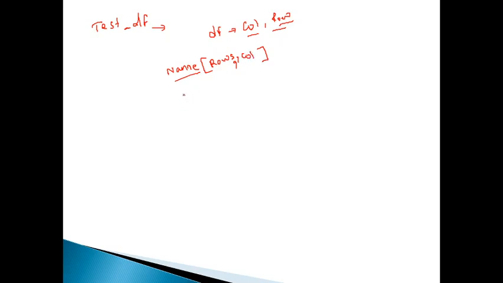So overall, you write test df, which is the name of our data frame, then big braces, and here you mention the rows you want to access. Then you put a comma, and then you mention all the columns. This is how you can access a data frame, right?